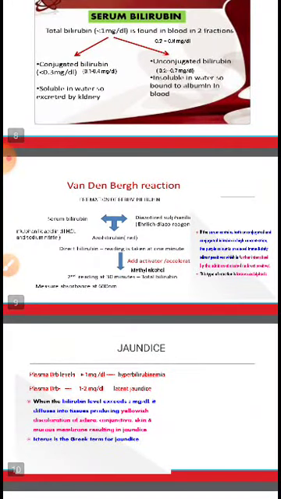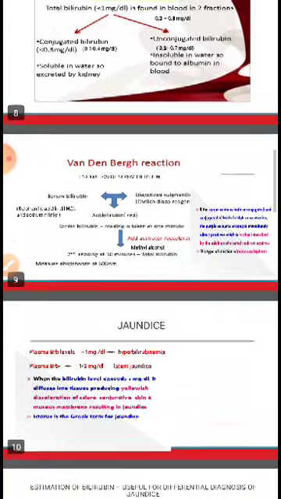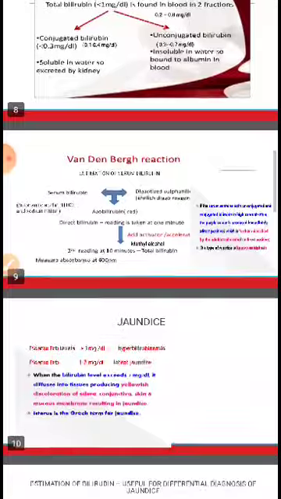Now, in a normal individual, the total bilirubin which is present in blood is between 0.2 to 0.8 milligram per deciliter. It is usually less than 1 milligram per deciliter. Now, as I told you, bilirubin can be of 2 types.